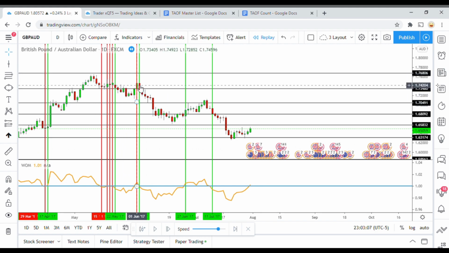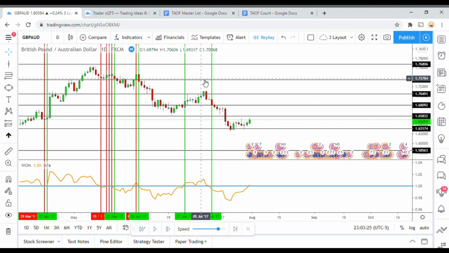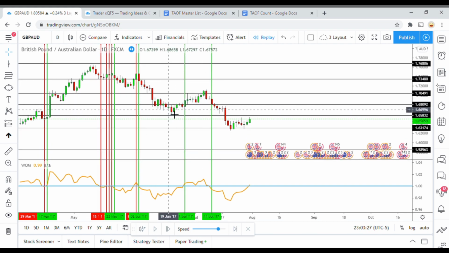Now over here we have a push down, kind of a minor pullback. It's a little bit larger than I'd like to see it, bumped up there pretty high. You have a pull down, another leg of the move down. You have a pullback here, but that is really long and not a great pullback.